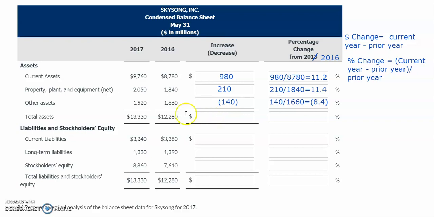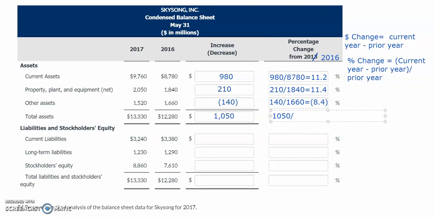But overall, when we look at our total assets of 13,330 minus 12,280, and remember these numbers are actually in millions, we can see that there was a substantial increase in our total assets. And the substantial increase in total assets was actually an 8.6% increase.